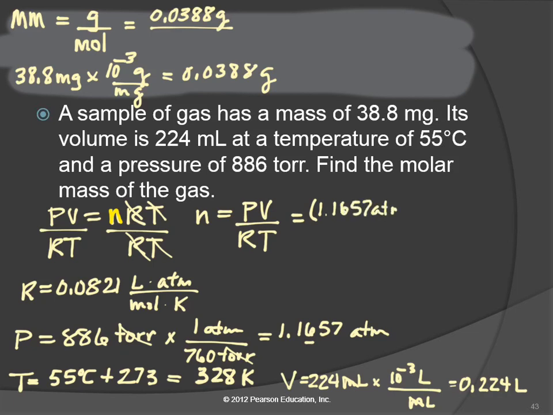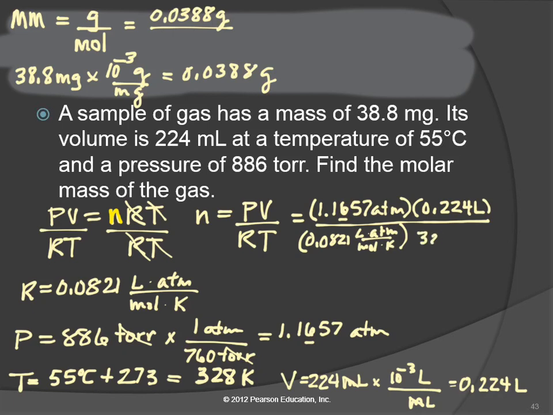1.1657 atmospheres, that has 3 significant figures, times the volume, 0.224 liters, divided by R, 0.0821 liter atmospheres per mole Kelvin, times the temperature, 328 Kelvin.